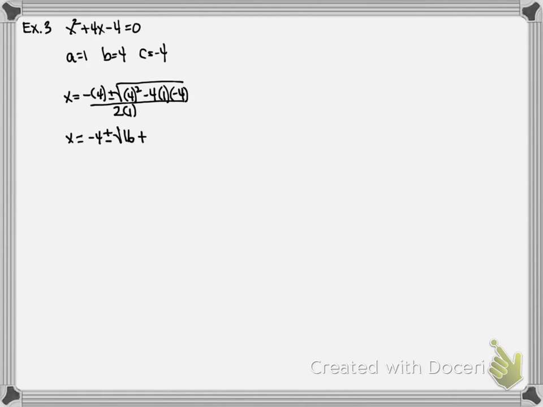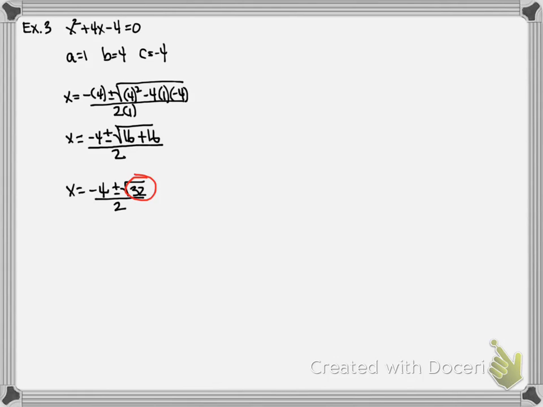Simplifying, we have x equals -4 plus or minus the square root of 16, and then minus 4 times 1 times -4, we end up with plus 16 all over 2 times 1, which is 2. Simplifying further, we have -4 plus or minus the square root of 32 over 2.